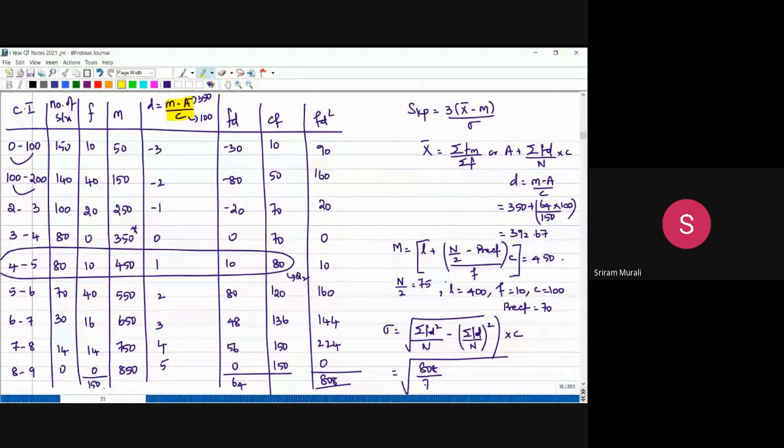Now you find the deviation. 50 minus 350 by 100 will be minus 3. Because this is 0, this must be minus 1, minus 2, minus 3, and then this will be 1, 2, 3, 4, 5. Now what is expected in the formula is f into d. Then I should add. So how do we find this?